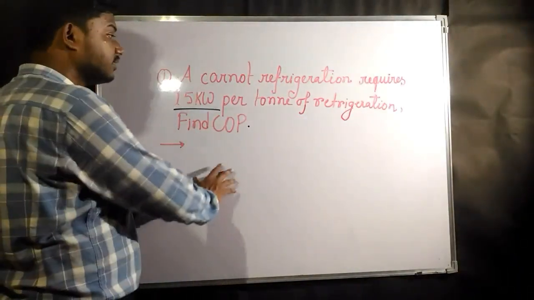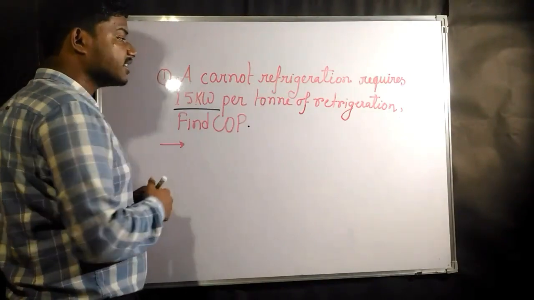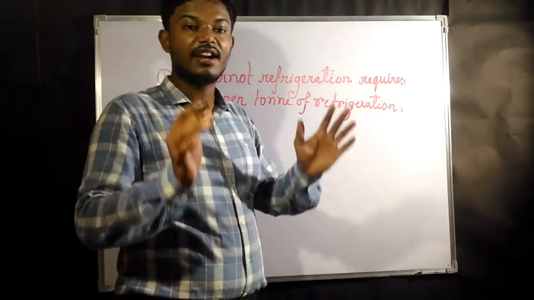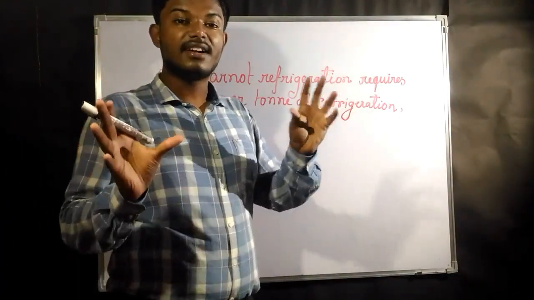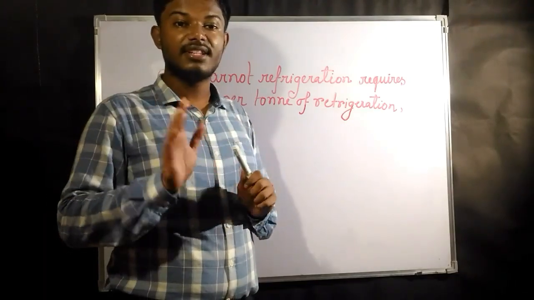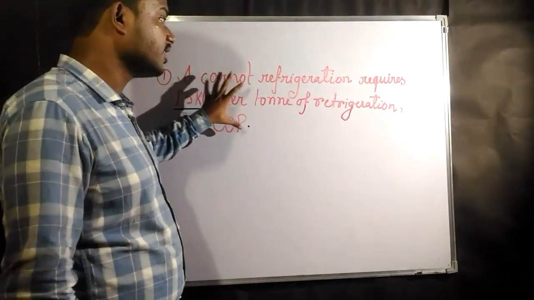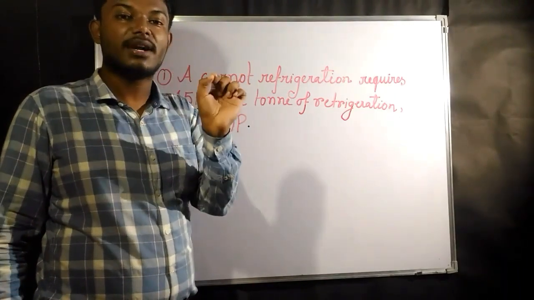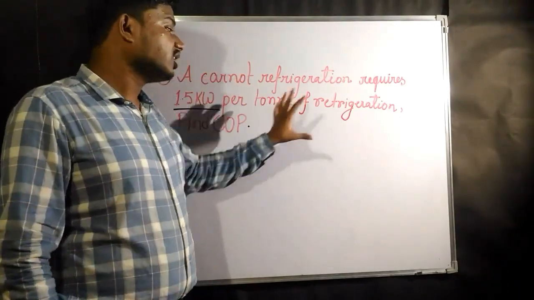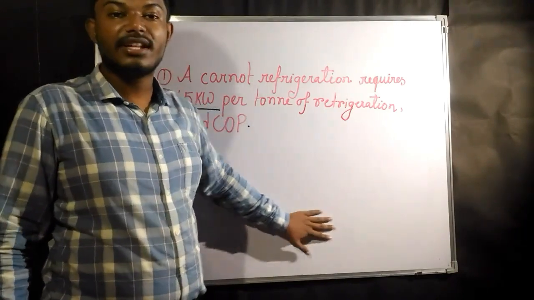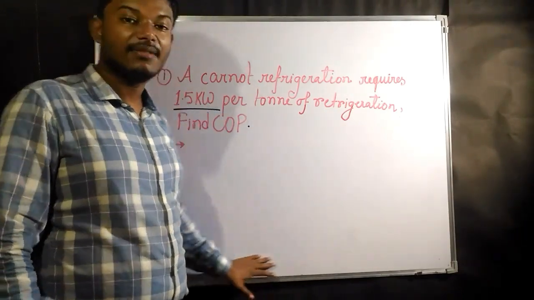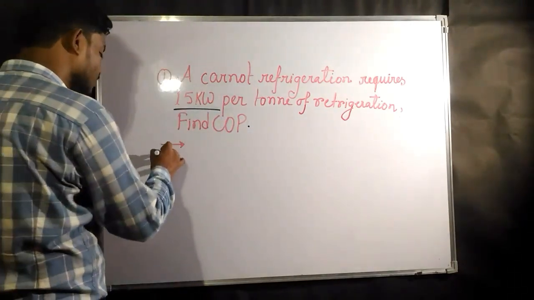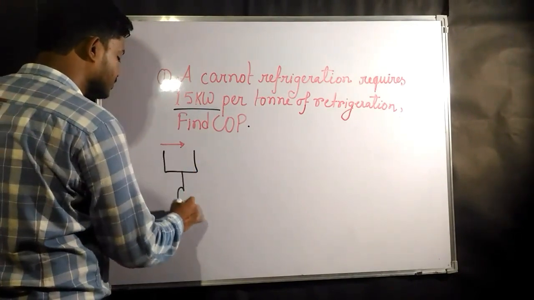Now in a Carnot refrigerator there are different parts: compressor, turbine, condenser, evaporator. But from this question we are not getting particulars of any of the machine parts. So we need not consider the PV diagram or TS diagram or the complete diagram for the Carnot cycle. We can easily do it from this simple layout only.